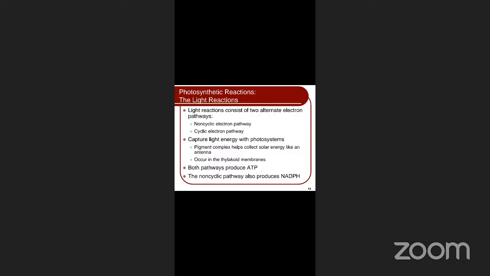In the light reaction, sunlight energy is converted into NADPH and ATP, which are chemical energies. This energy is called assimilatory power. This reaction takes place in the thylakoid membrane of the chloroplast.